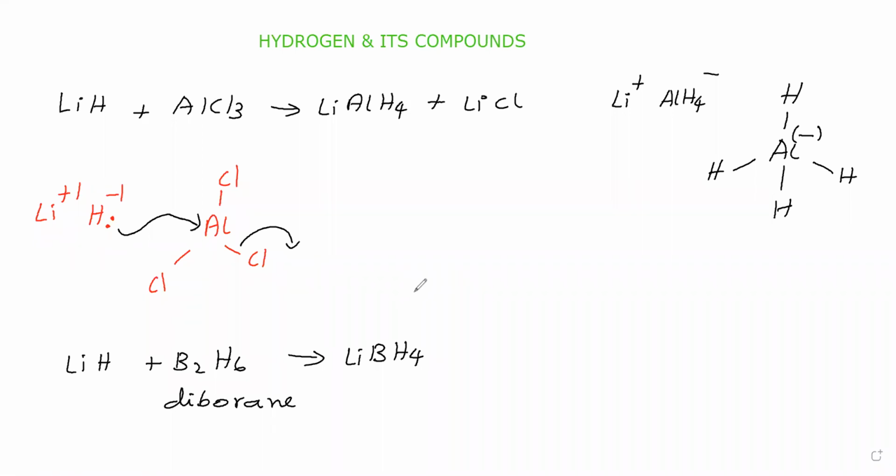Then we'll go for covalent hydrides. Before discussing covalent hydrides, we will take another ionic hydride, that is calcium hydride. This calcium hydride CaH2 is used as a desiccant.